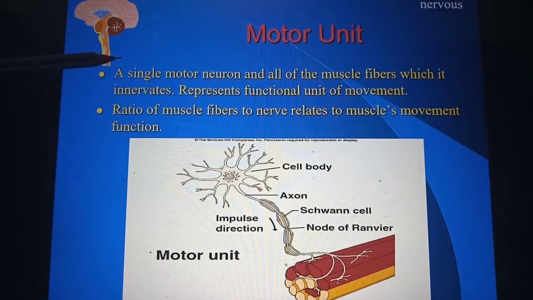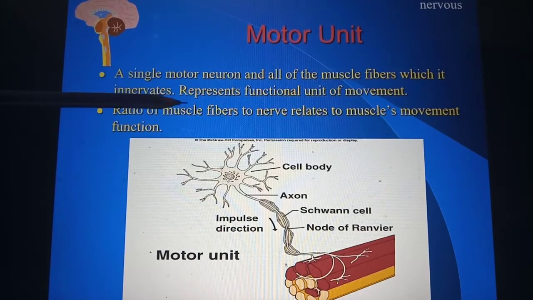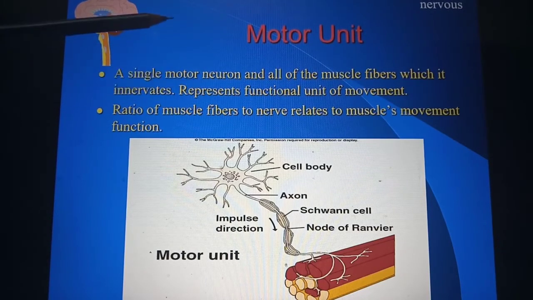Motor always refers to muscle. So when this nerve gets excited, it moves that particular muscle fiber. All the muscle fibers that are moved by that particular nerve, together with the nerve, form the motor unit.